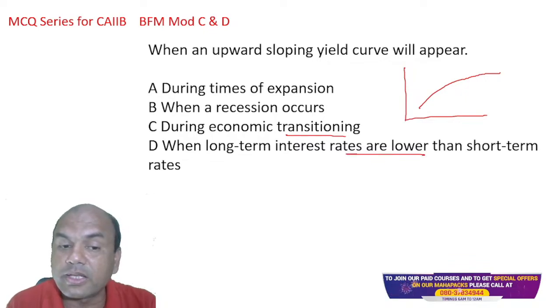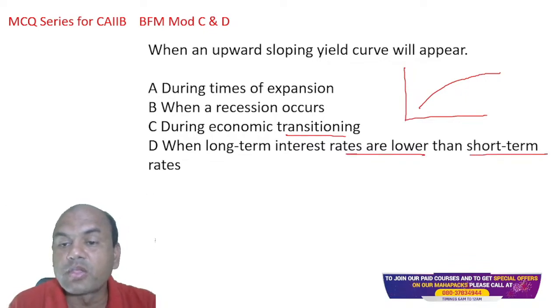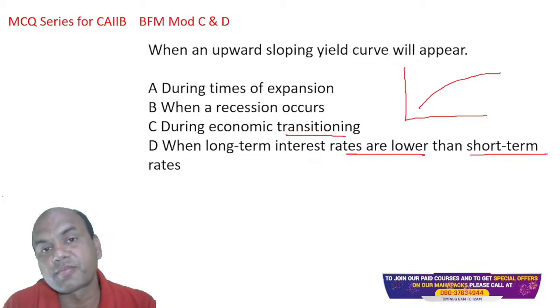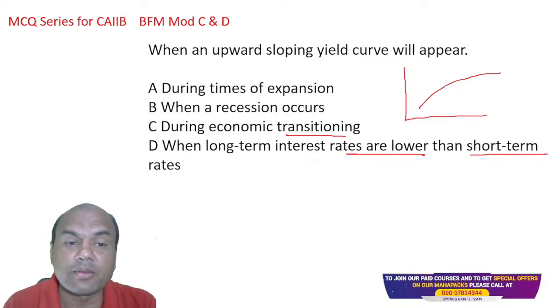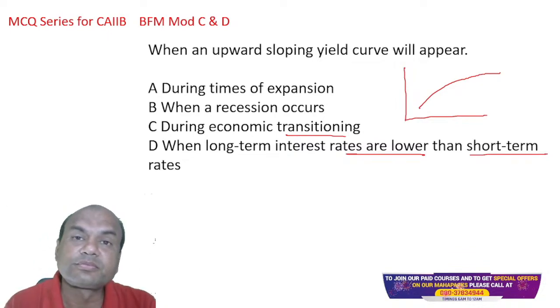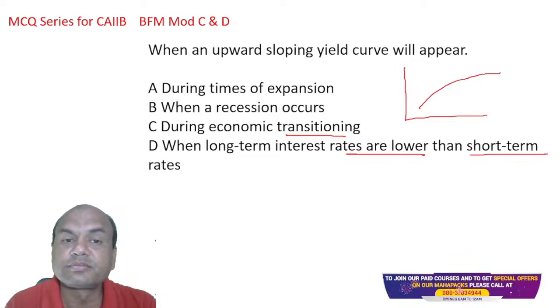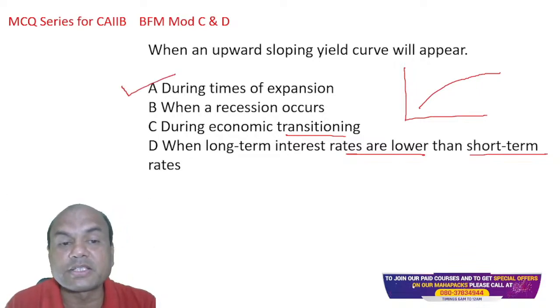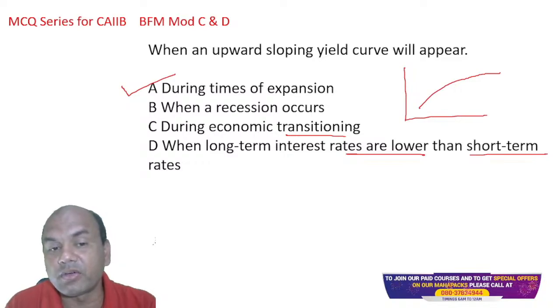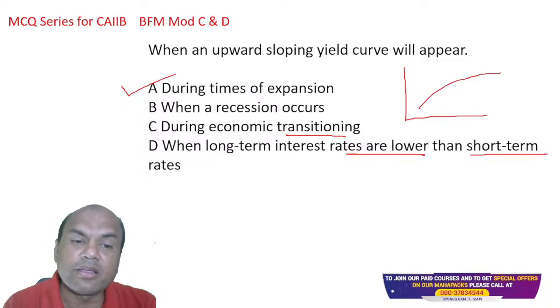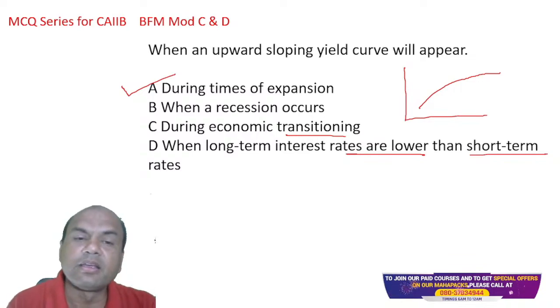I want your answer in the comment section: A, B, C or D. A is during the times of expansion. Now tell me about B, C and D.